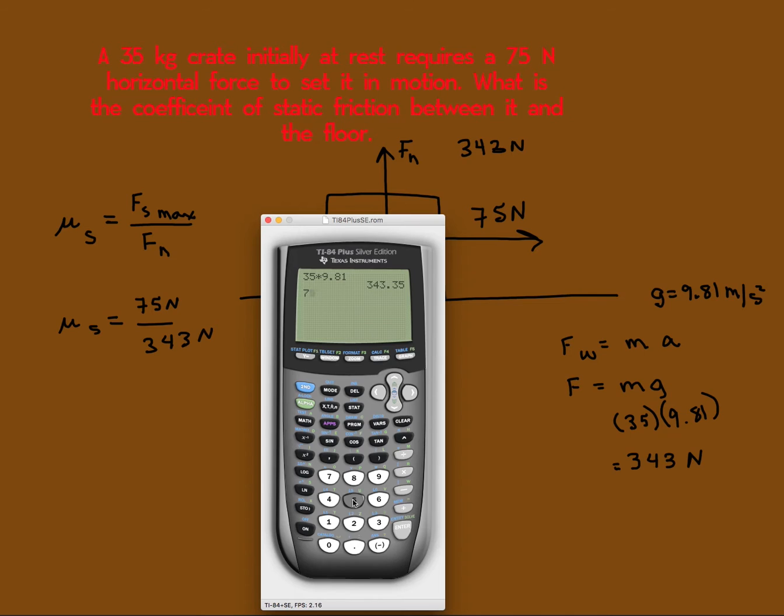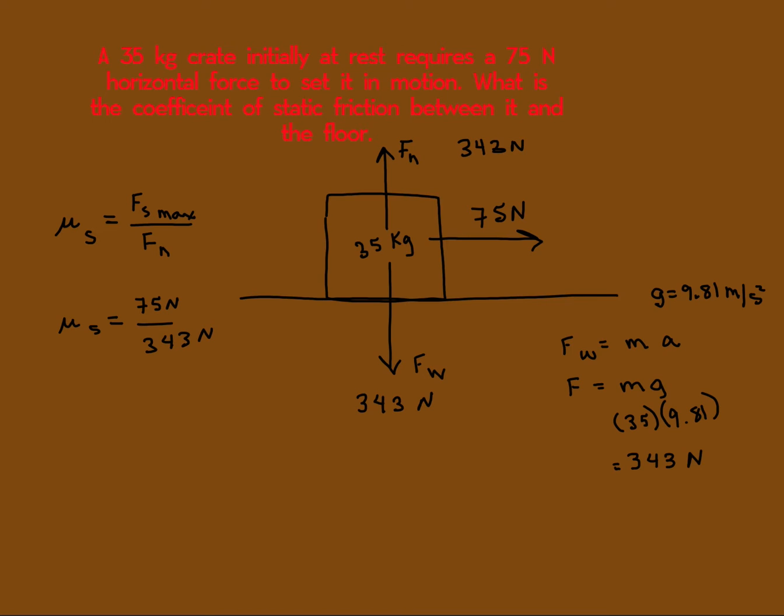So we've got 75 divided by 343, and we get 0.22. Let's just call that 0.22. Now there are no units for the coefficients of friction. Notice that those units are going to cancel out when we divide. So this is our coefficient of static friction.